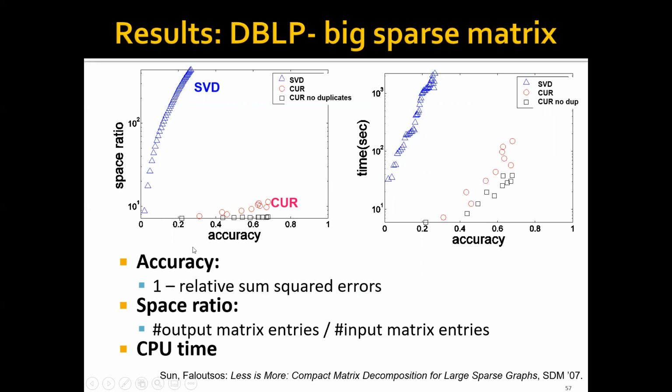So basically, the larger the accuracy is, the smaller the reconstruction error. The vertical axis is the space threshold, so the higher it is, the more space you're going to need. We can see that for the same accuracy, SVD takes up much more space. And similarly, if we look here, for the same accuracy, SVD needs much more time to compute.